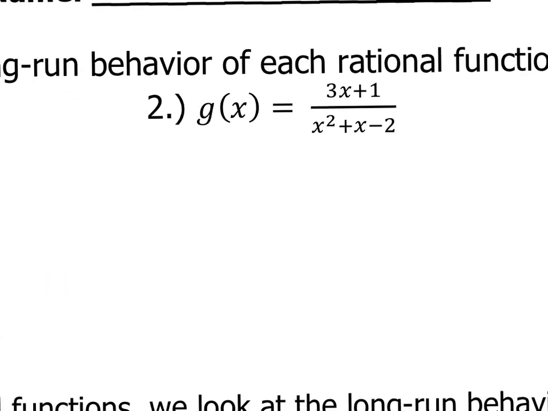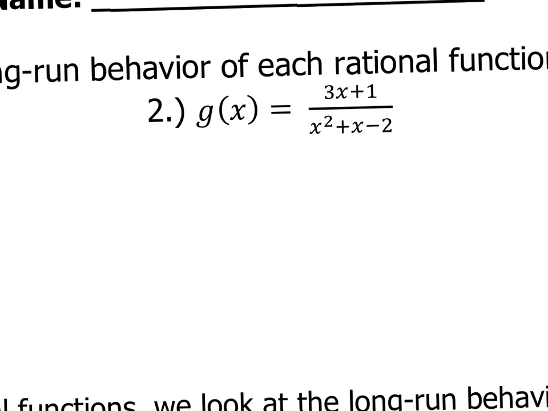Same type of thing here. We're going to take the leading term of the numerator, which is 3x, over the leading term in the denominator, which is x squared, and we'll simplify that. This gives us 3 over x.